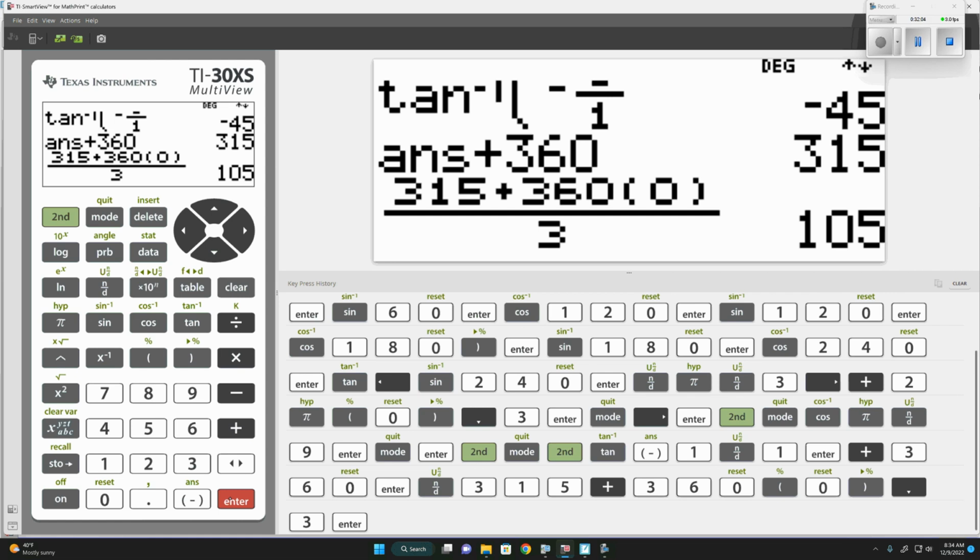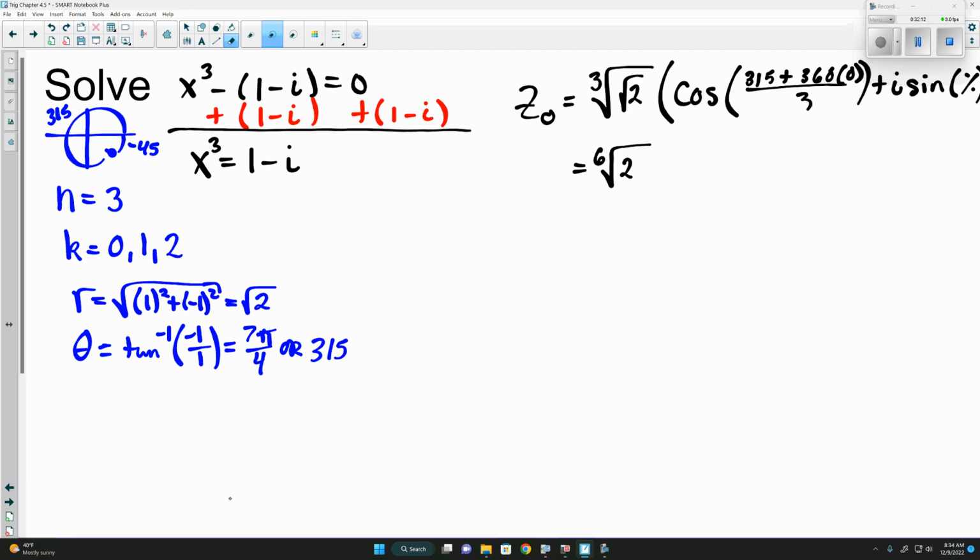This is nice and not nice all at the same time, because the 6th root of 2 is not a nice number.